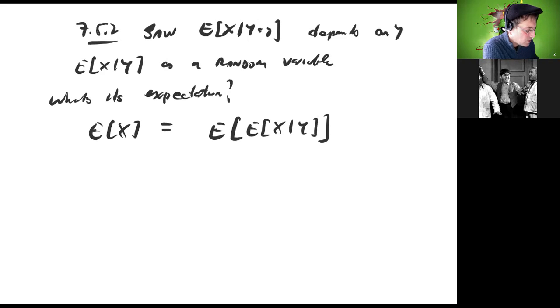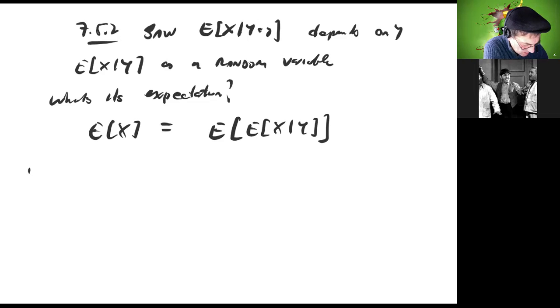Okay, so I'm going to give you a proof in the continuous case, but first, before I do that, I want to tell you what the formula says in the discrete case.